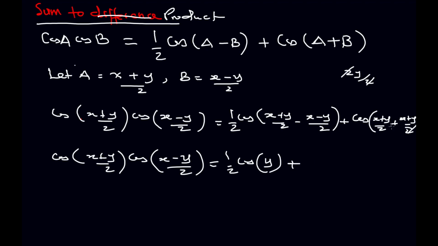Then plus here, same denominator. We can still deal with these directly. So here we're going to have x plus x, and the y terms are going to cancel out, because there's a negative here. And then we'll have 2x over 2, which gives us x.